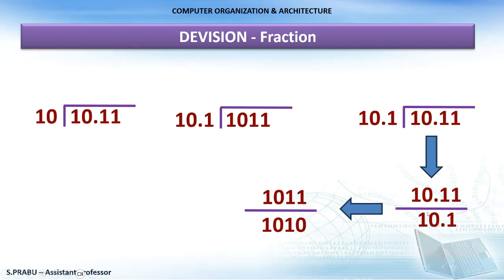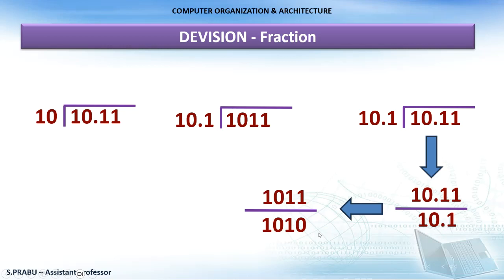In the third case, both the numbers have the fractional part. First check whether the numerator or denominator needs the maximum shifting position. Here the numerator needs to shift two positions. So I want to shift the dot by two positions here. So I want to shift two positions in the denominator also. So first I shift the dot here.